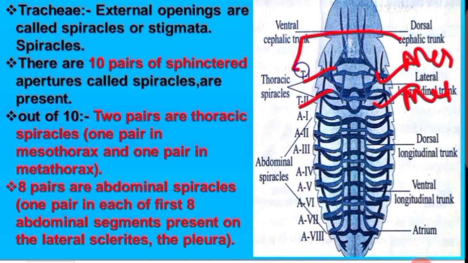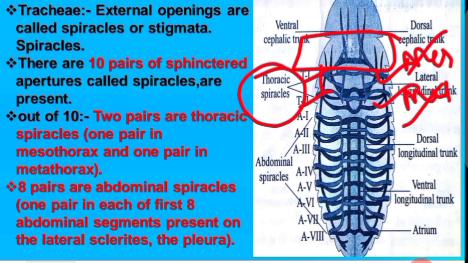What about the prothorax? Prothorax doesn't have any spiracles or trachea. So the mesothorax and metathorax have thoracic spiracles, which are absent in the prothoracic region.